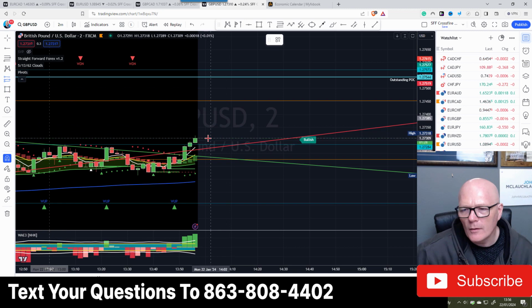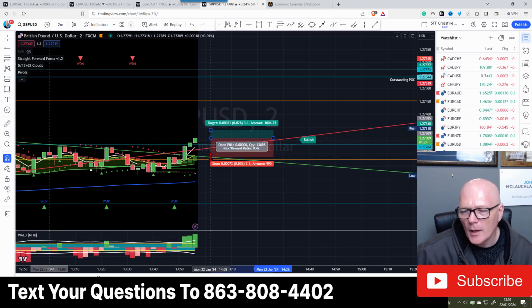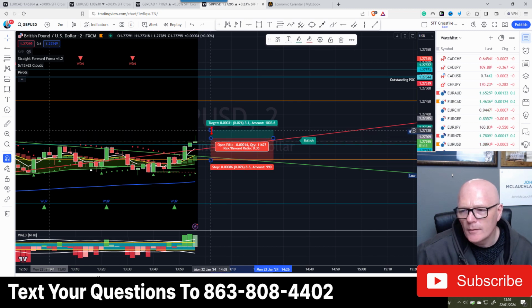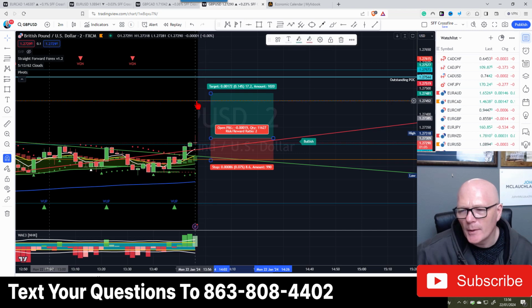If we're going to go long on this, the stop loss wants to be below the green trend line, so just underneath this candle here. That's 8.6 pips. A 1 to 2 ratio takes us past the pivot line, and the pivot line is going to be our kind of attractor.